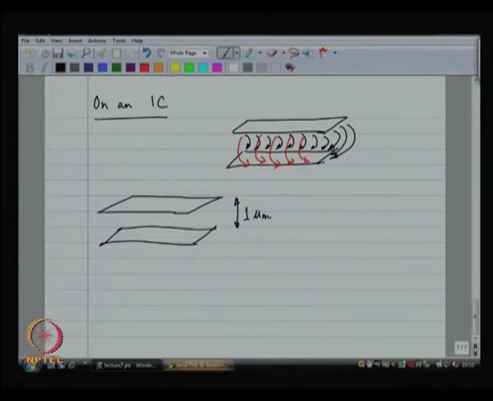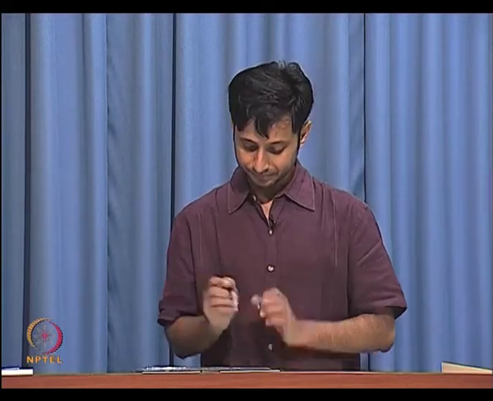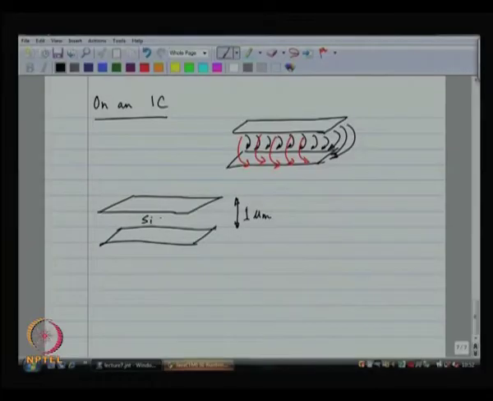Okay. What is the material in between two metal layers on an integrated circuit? It is silicon dioxide. Okay. Glass.